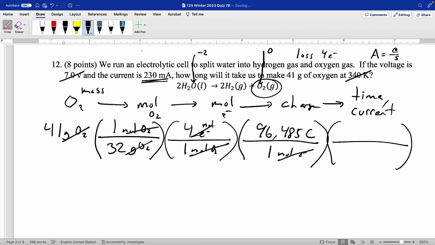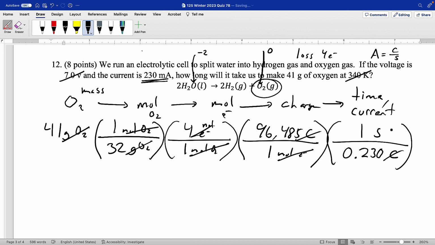It's how much charge is flowing past a particular spot in the wire per second. So that tells us where we want to put this, right? We want to put this on the bottom, and say we've got milli, 10⁻³, so I could just move the decimal place. So I've got 0.23 coulombs for every 1 second. So now I can cancel coulombs, and I've got seconds.